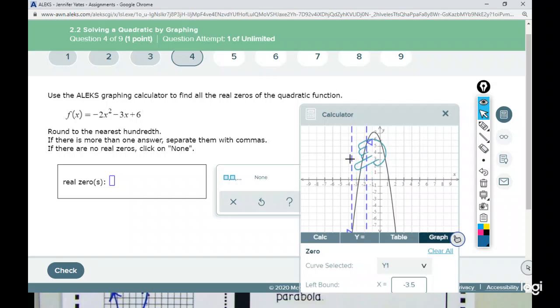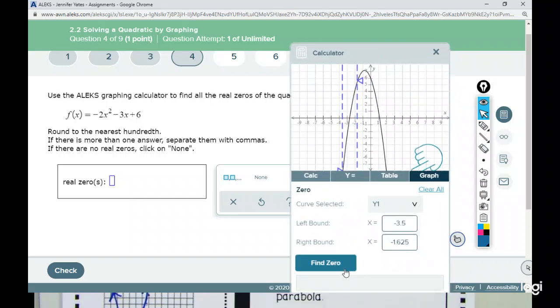I've got a 0 in between the blue lines, and that's when I can hit find 0. Once I have it, you guys will get it wrong if you don't pay attention to your rounding. So be careful there. Mine to the nearest hundredth is negative 2.64.